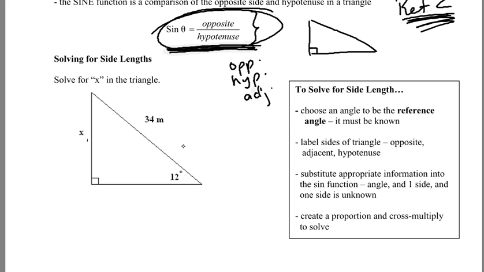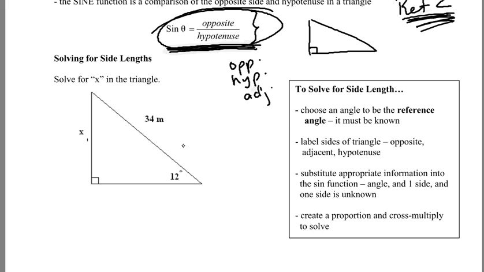So let's take a look at the example. Here we go. We have a triangle. We see that it's a right triangle, which it has to be. So we want to solve for side x here. Well, to solve for a side in a triangle, we need to go through several steps, but they're not overly complicated, and we've done a bunch of them.